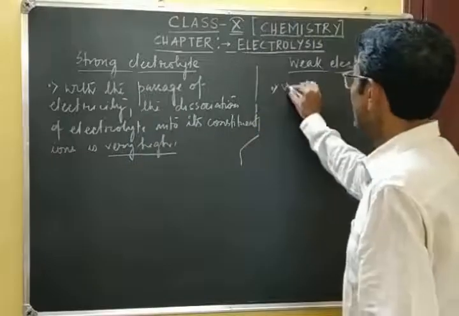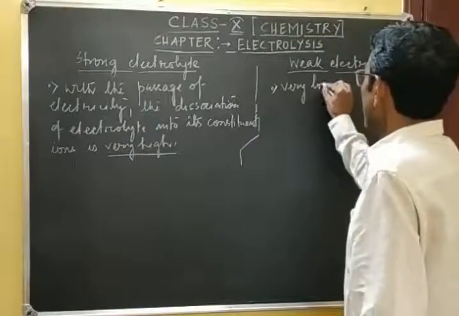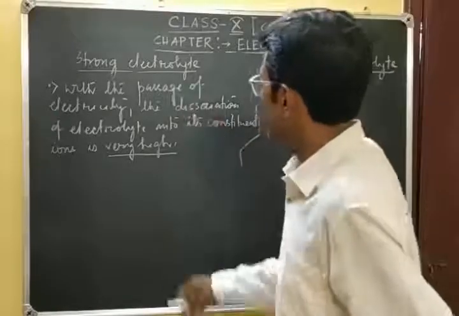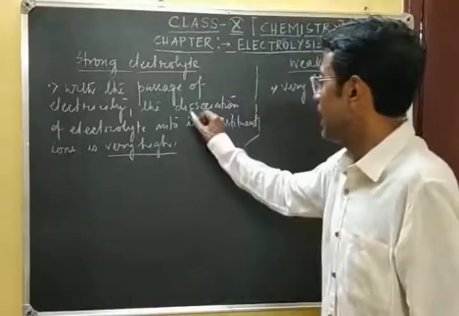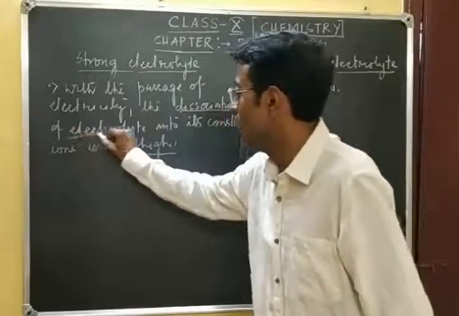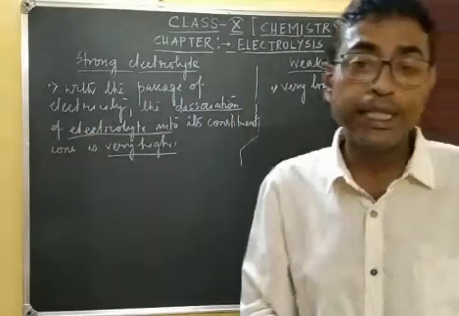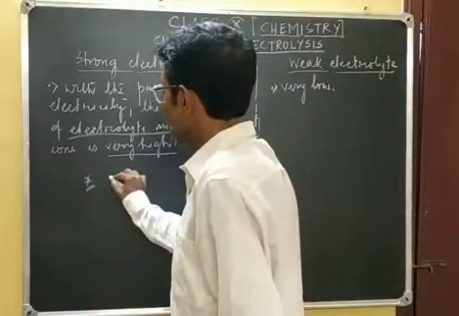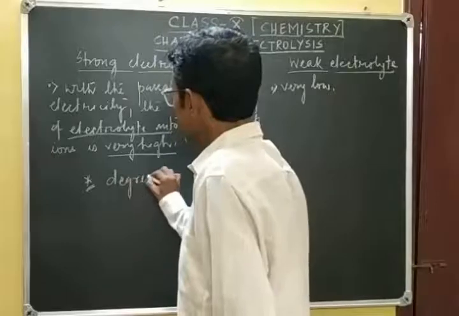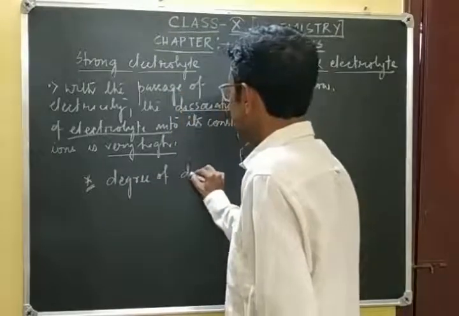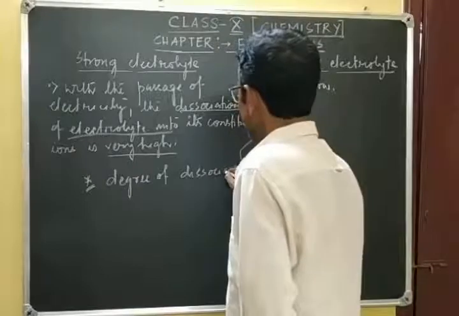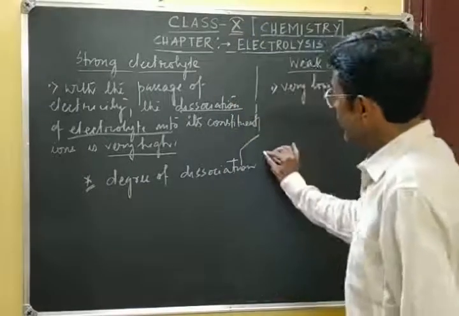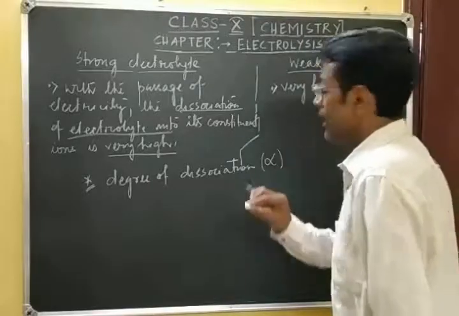This is very low. Now remember, when I am telling you with the passage of electricity, the dissociation of electrolyte, this is called degree of dissociation. Remember, this is a new word to you, degree of dissociation, and it is indicated by the letter alpha.